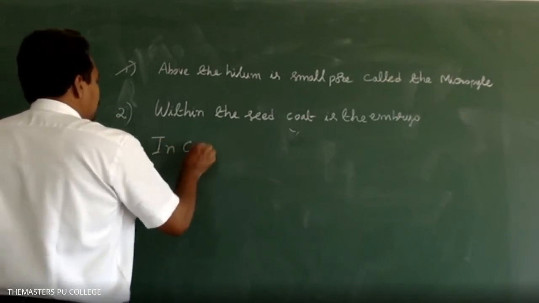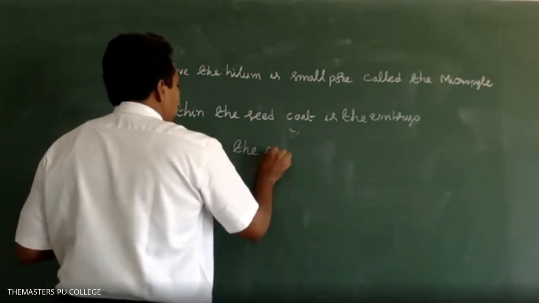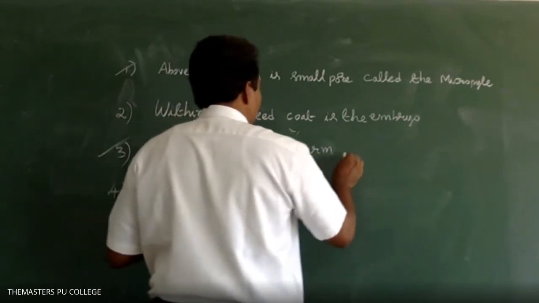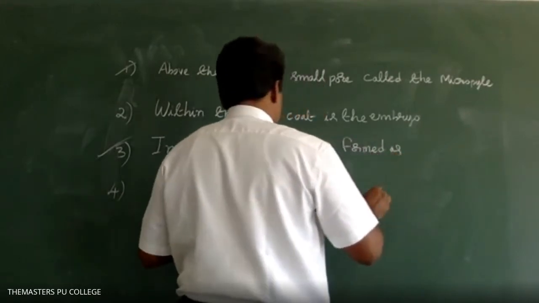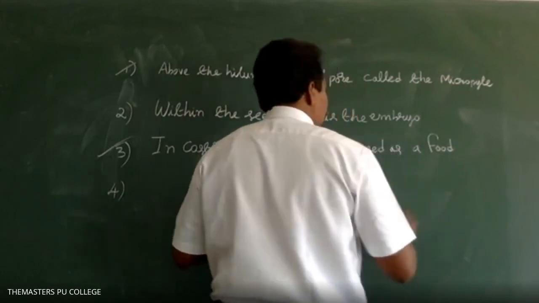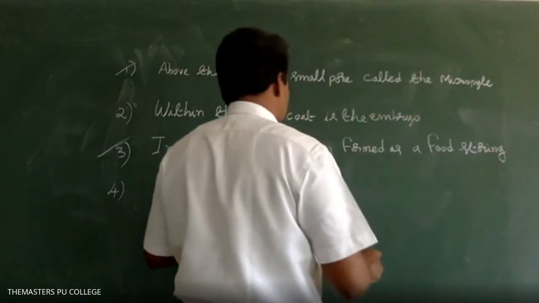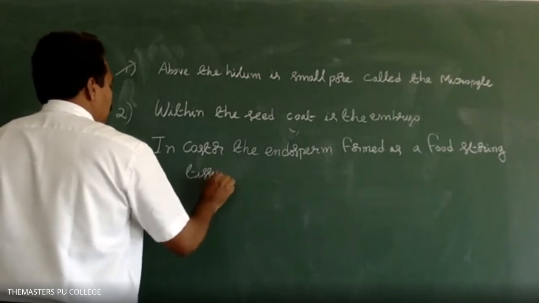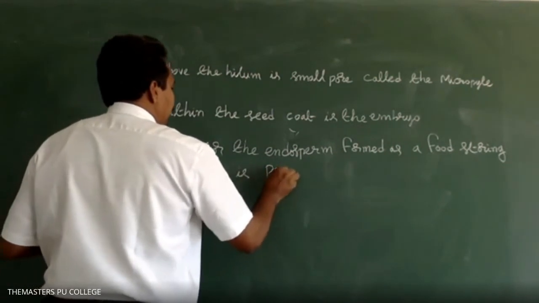In castor, the endosperm is formed as a food storing tissue pre-fertilization.